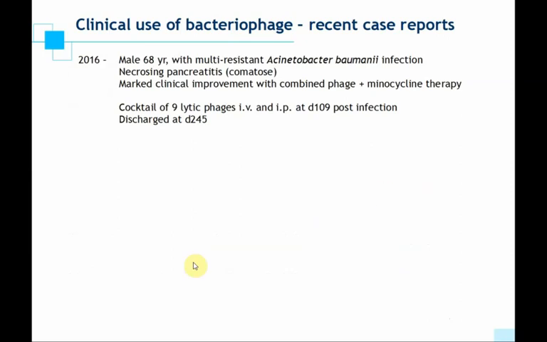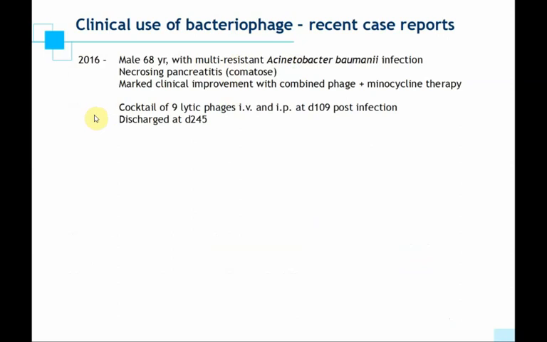This one, 2016: a 68-year-old man with a multi-resistant Acinetobacter baumannii infection. This is a gram-negative opportunistic pathogen. And this guy was almost dead, right? He was in a coma, no real improvement. I think it was his wife who got in touch with the scientists working on the research on this.